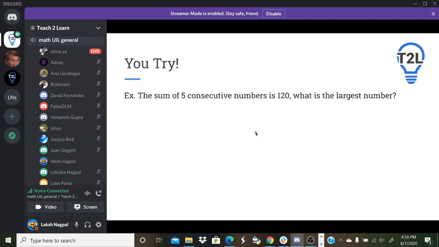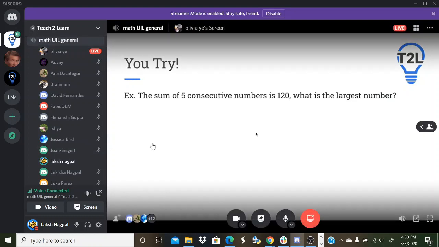Try this one. Yeah, it was, but try using the different method, the second method on this one.